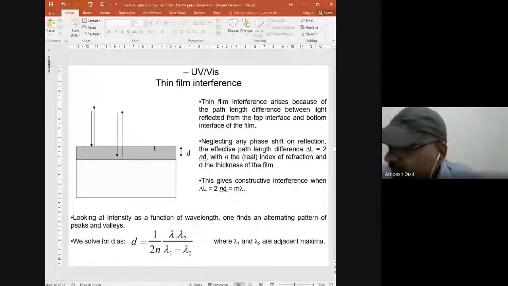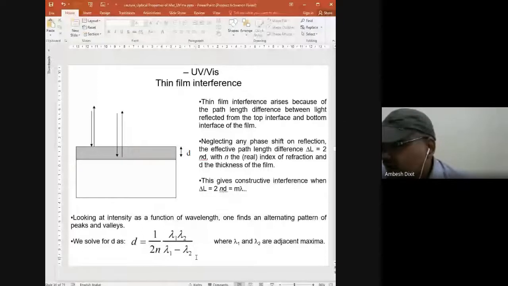Then you can find out the thickness of your film by doing this interference experiment, measuring the simultaneous maxima or minima and back-plugging into the interference condition to get d equals 1 over 2n, lambda 1 lambda 2 over lambda 1 minus lambda 2. And many other electronic processes can be found out.